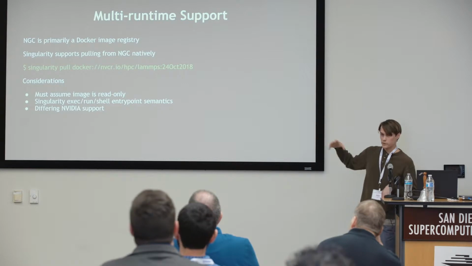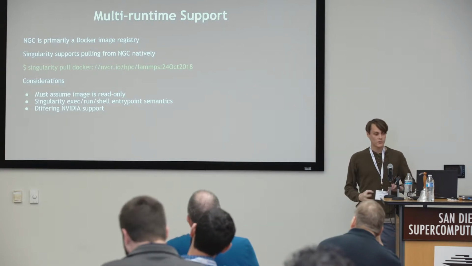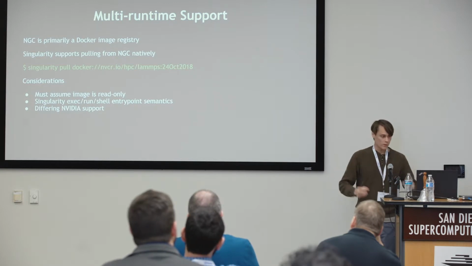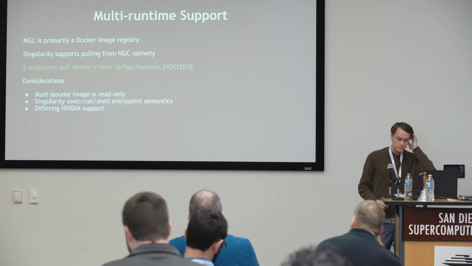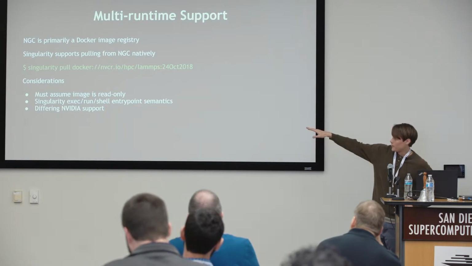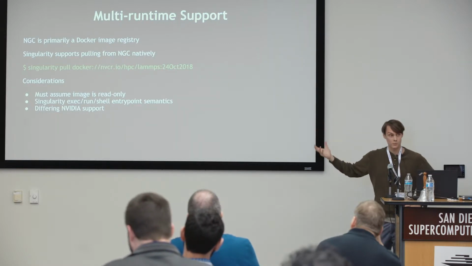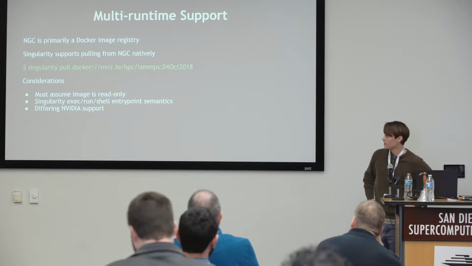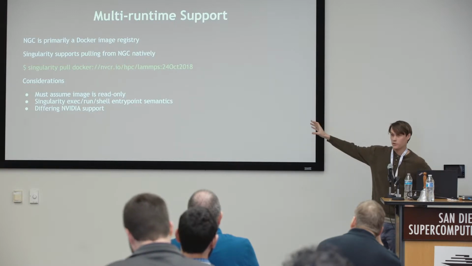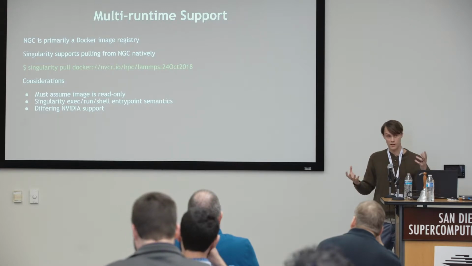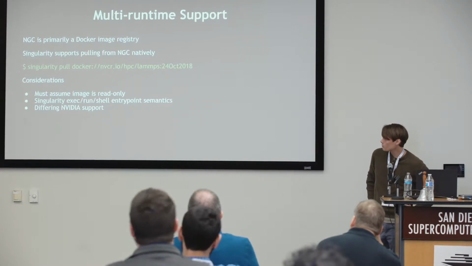There are some constraints if you're building images and you're going to target Docker and Singularity or Charliecloud or whatever runtime's popular. You may have to consider that the image will not be writable at runtime. This is something that Docker takes for granted. People that build Docker images assume that at runtime you can write, or have the impression that you're writing to the image, and that's not true with things like Singularity.